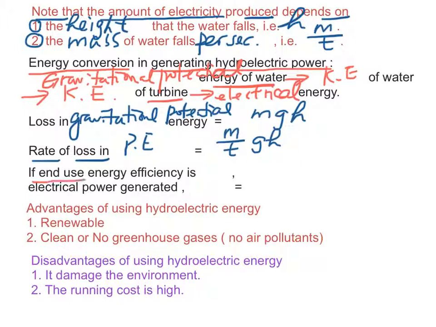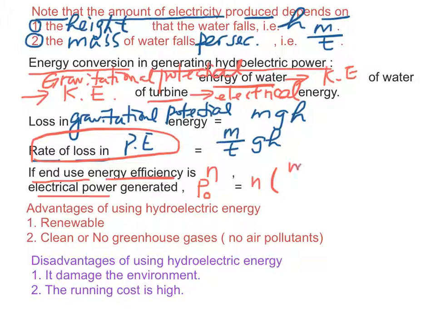If the end-use energy efficiency is N, then the electrical power generated P output will be equal to N times the rate of loss of potential energy, that is N times (m/t)gh.